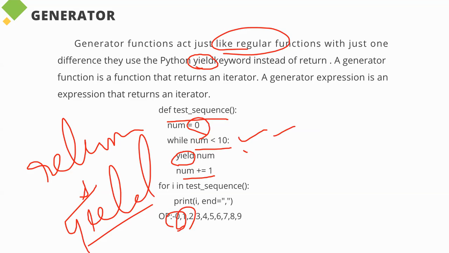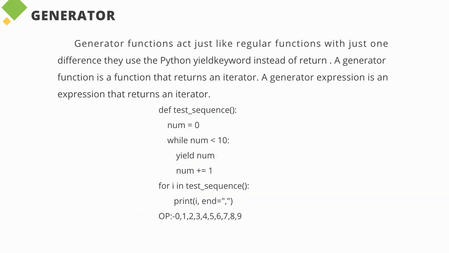In the same way, as long as num is less than 10, that is up to 9, the sequence gets printed in the output. This is how a generator works. You can roughly understand that a generator generates a sequence, but it is the same as a regular function that uses the yield keyword instead of return.